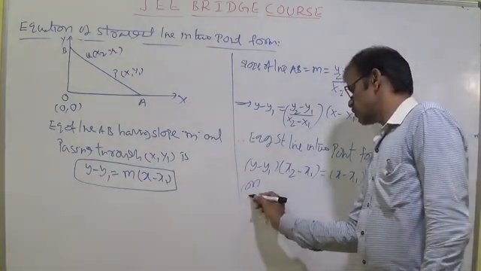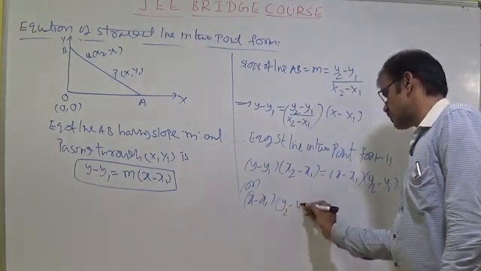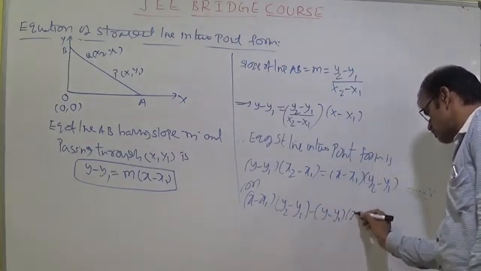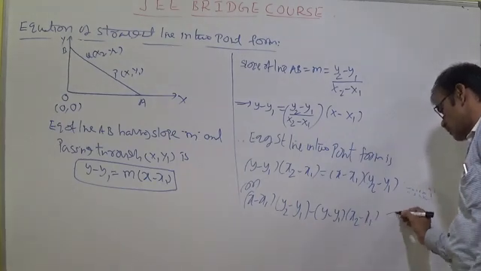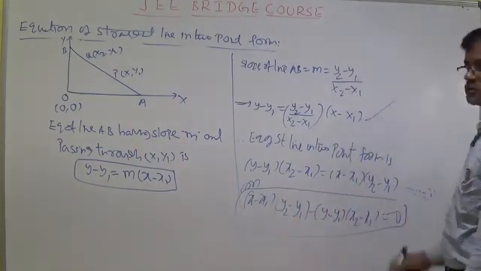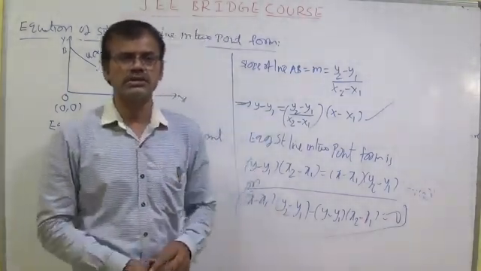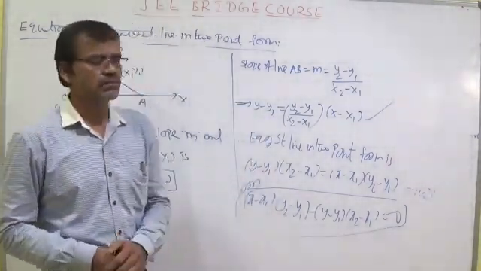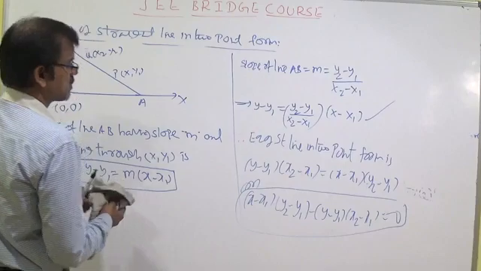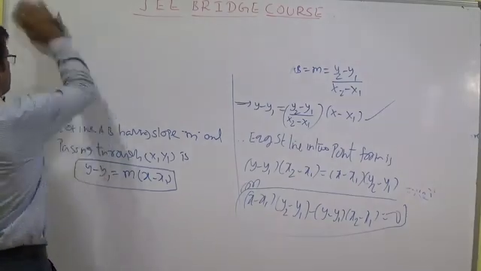Or you can write the equation as x minus x1 into y2 minus y1 minus y minus y1 into x2 minus x1 equal to 0. Otherwise you can leave it like this also. This is the equation of a straight line passing through 2 points, called the 2-point form of the equation of a straight line.